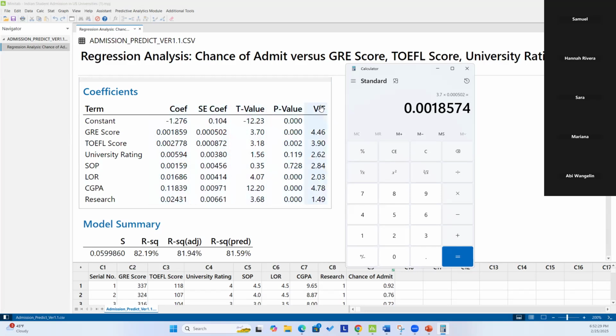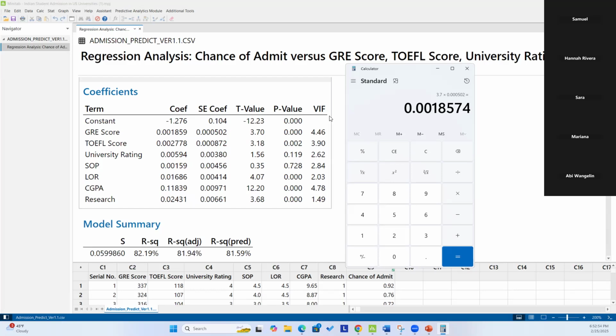P value, and this is VIF. It's called multicollinearity. Multicollinearity means two variables are having exactly the same impact or the same kind of behavior, so they will show the same kind of prediction behavior in the model, and that is a reason for multicollinearity in the model.